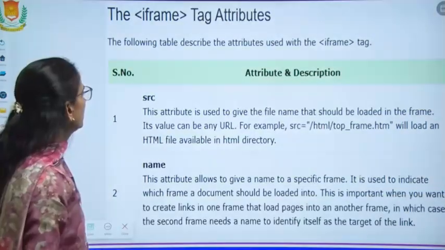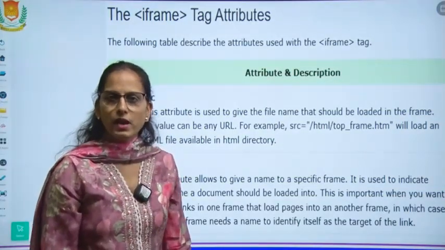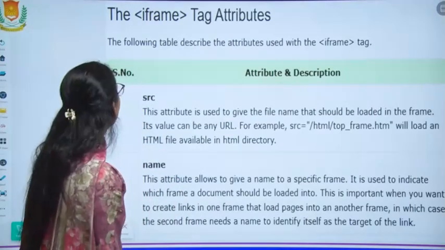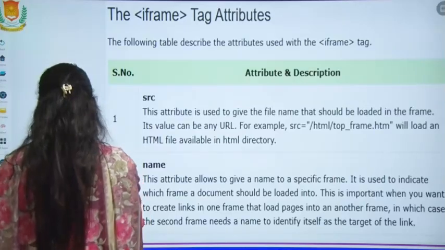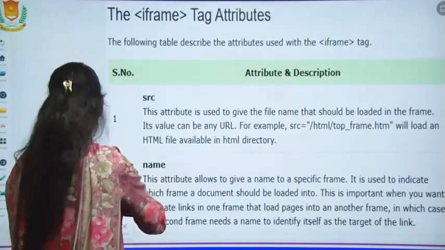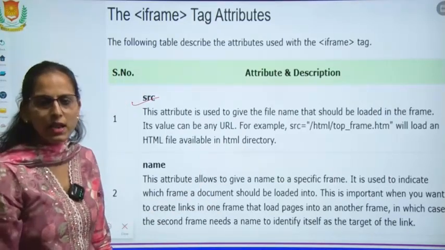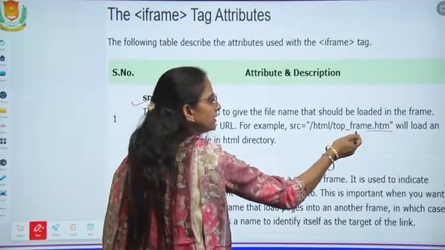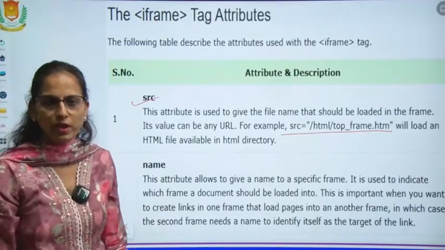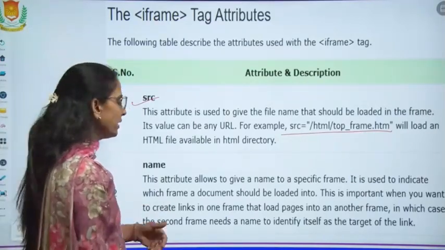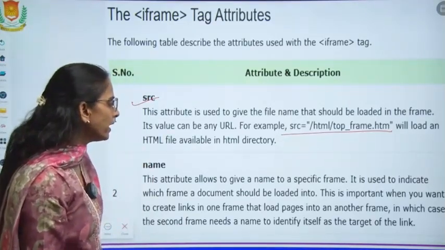Now, so many attributes are there for the iframe tag. The first attribute is the SRC. The SRC attribute is basically used to give the file name and URL for the site, and it will load the HTML available in the HTML directory. Then we have the name attribute. The name attribute allows you to give a name to a specific frame.